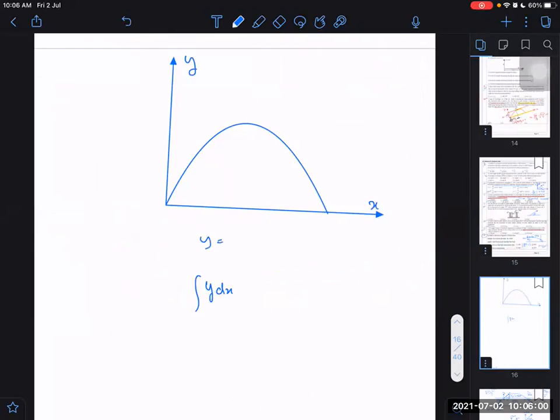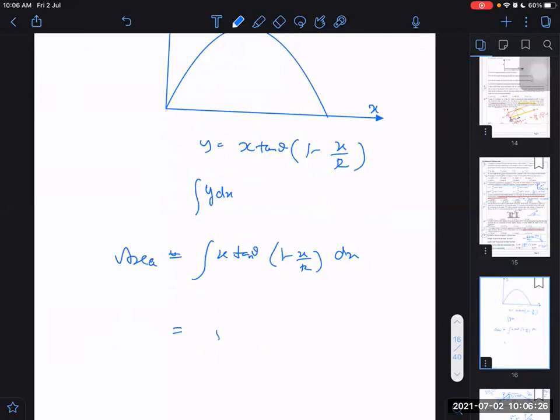What is the equation of y? Y was equal to x tan theta into 1 minus x by r. Then what is area? Area will be x tan theta into 1 minus x by r into dx integral. That is area, right?